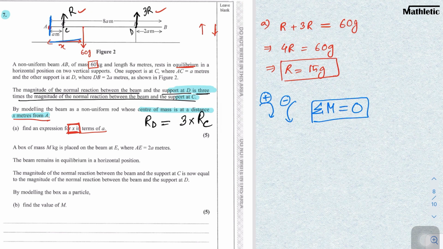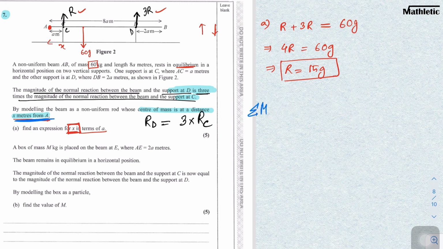In that case, we can directly get an expression for x easily, because this distance x is actually given from point A. So let's write an equation of the moment about point A. Considering this point, the reaction force at point C is creating an anti-clockwise moment.